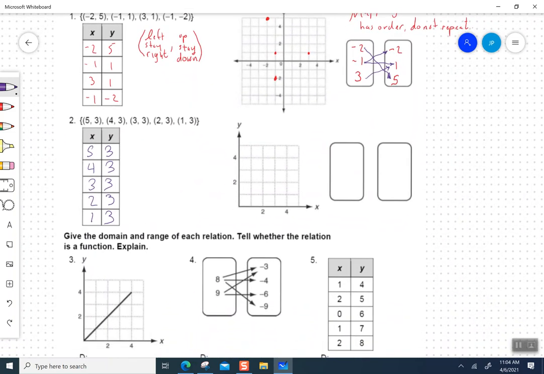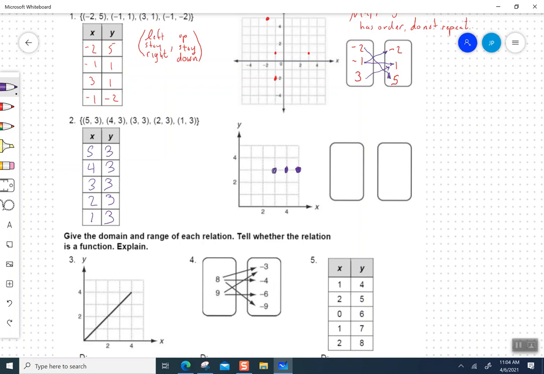So now we're going to graph these guys. Let's do (5, 3): over 5, 1, 2, 3, 4, 5, up 3, 1, 2, 3. There's my first dot. Okay, then I'm going to do (4, 3): 4 to the right, 1, 2, 3, 4, up 3. Now I'm going to do (3, 3): over 1, 2, 3, up 3.